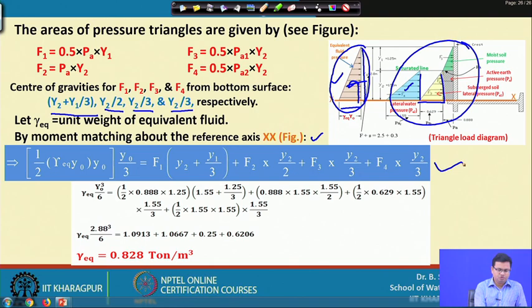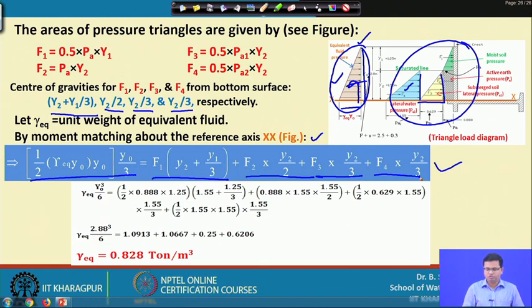So, the first one shows the moment of the equivalent fluid pressure, the second one is the moment of the force F 1, this term shows the moment of force F 2, this one shows the moment of force F 3, and this shows the moment of force F 4 from the x x line.